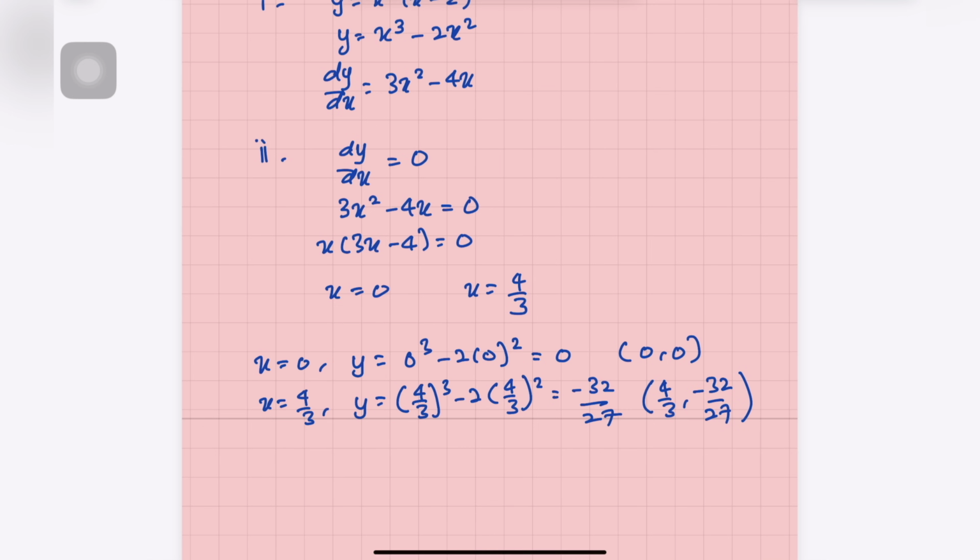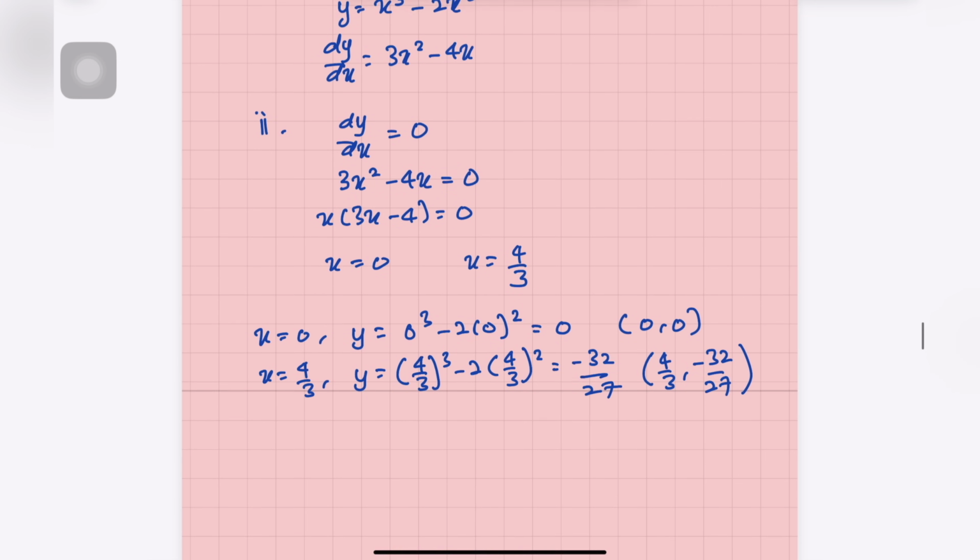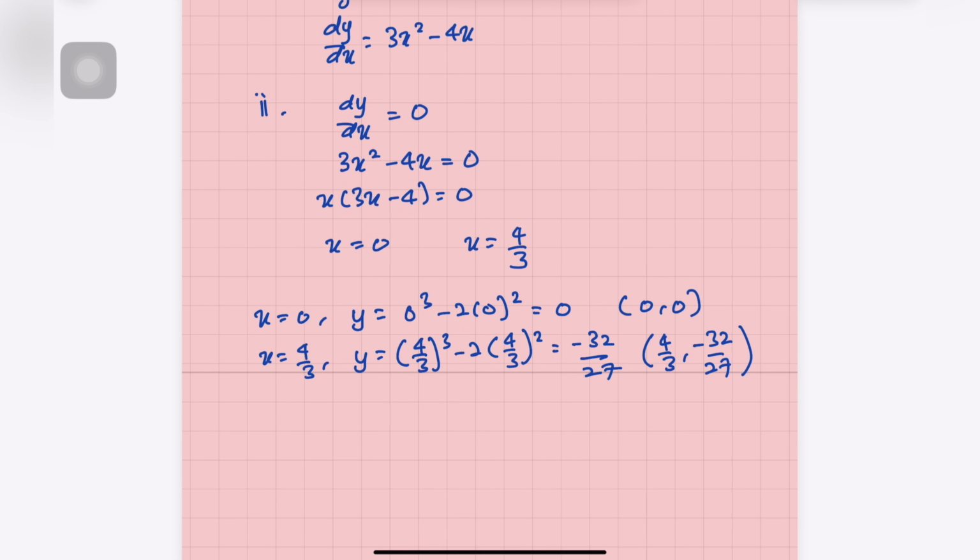Okay, a turning point could be a maximum point or a minimum point. So to determine whether each turning point is maximum or minimum, you have to differentiate another time. Meaning that we need to find d squared y over dx squared. Just now this is your dy/dx, so for d squared y over dx squared we differentiate with respect to x another time.